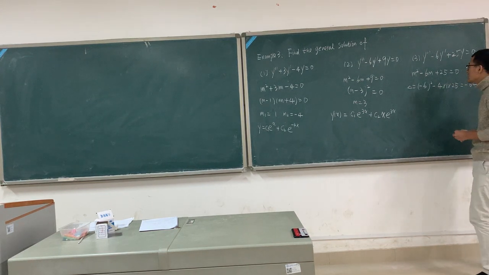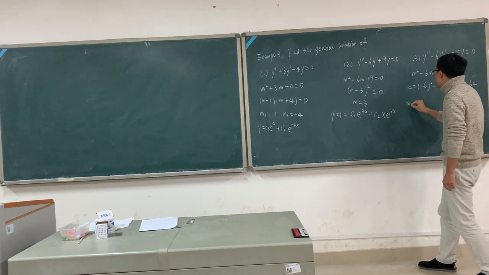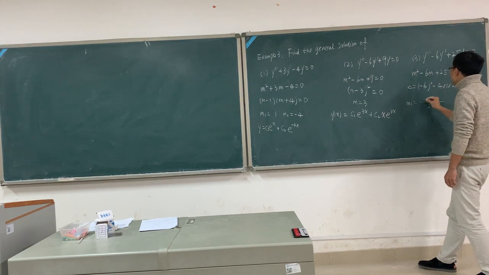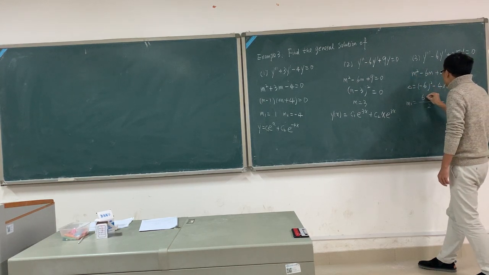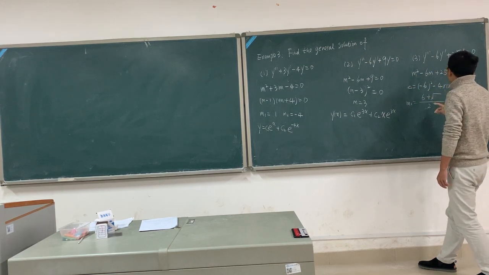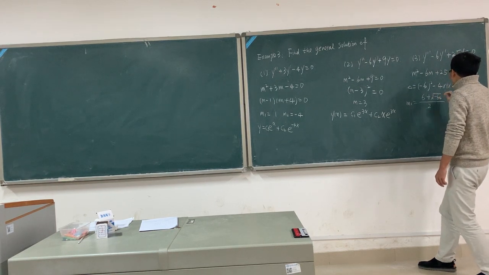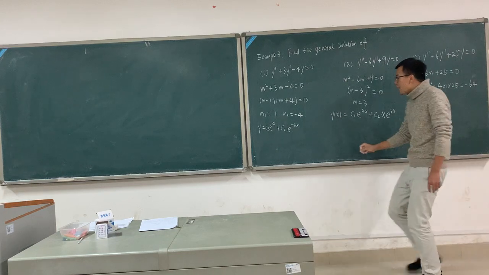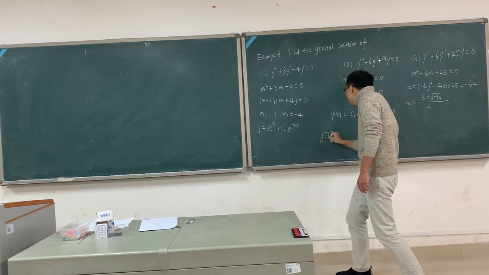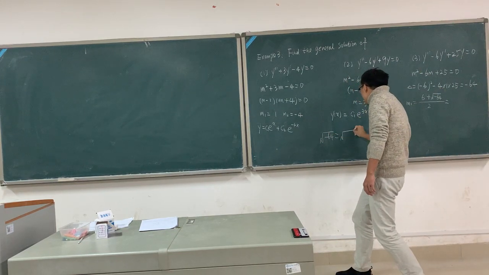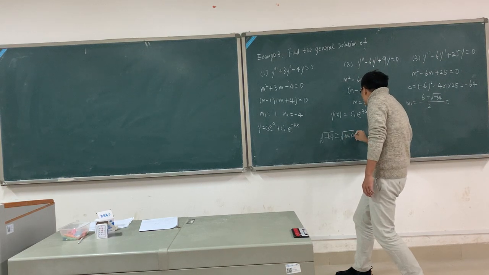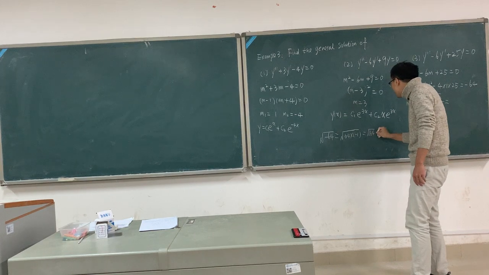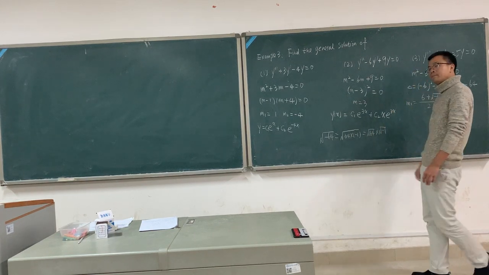So m1 should be equal to (minus b plus the square root of minus 64) over 2a. The square root of minus 64 equals the square root of 64 times the square root of minus 1.